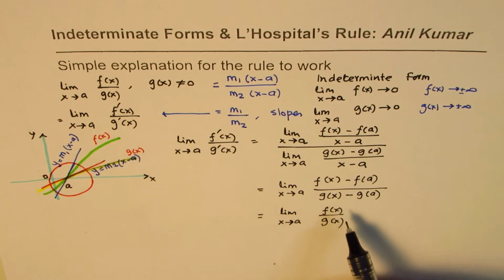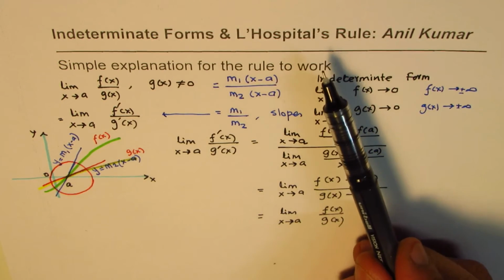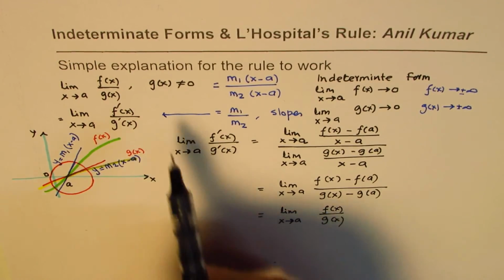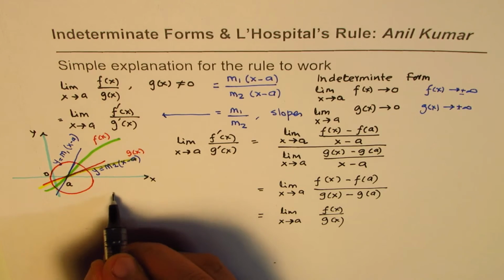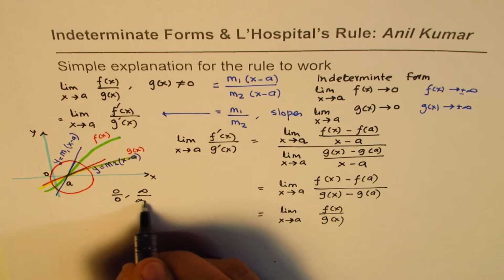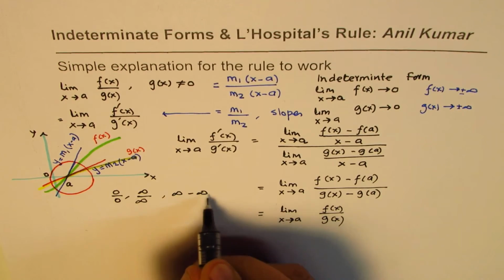So in a way, you get an understanding of how to apply L'Hospital's rule and get the correct answers. It is normally applied whenever we are looking for indeterminate forms. So indeterminate forms will be 0 over 0, or infinity over infinity. It could also be difference of infinity.